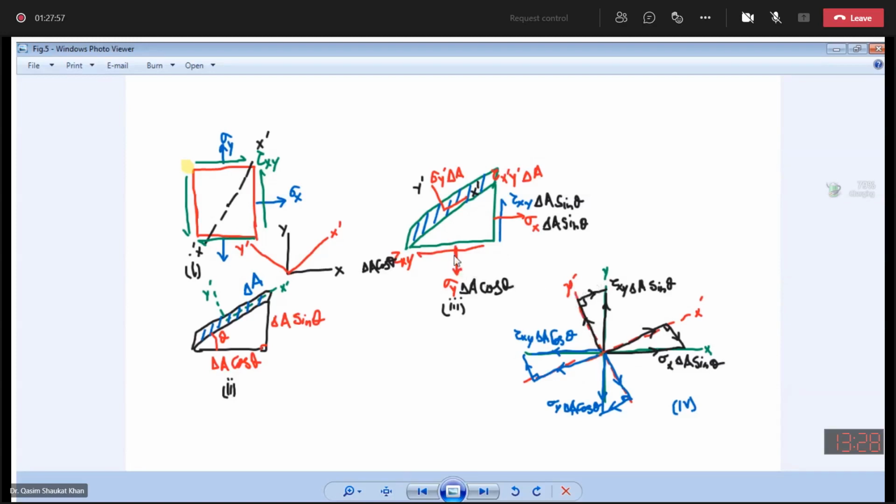Then you have this sigma y delta A cos theta. It has components about the y dash axis and x dash axis. About the y dash axis, its component will be sigma y delta A cos theta into cos theta, and this one will be sigma y delta A cos theta into sin theta.